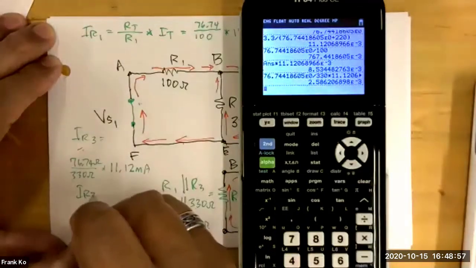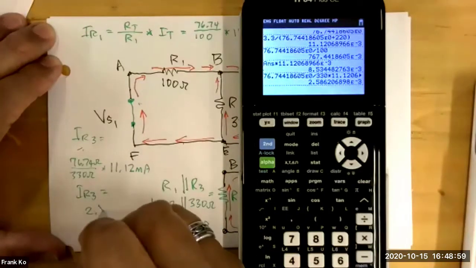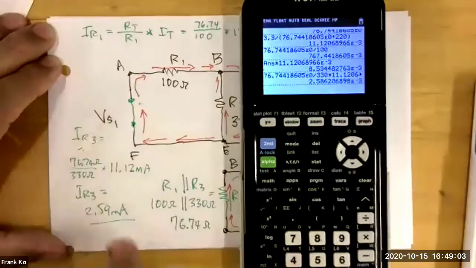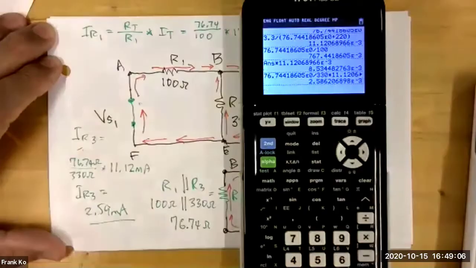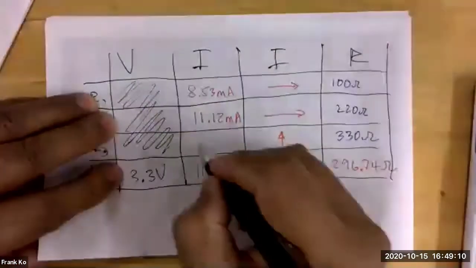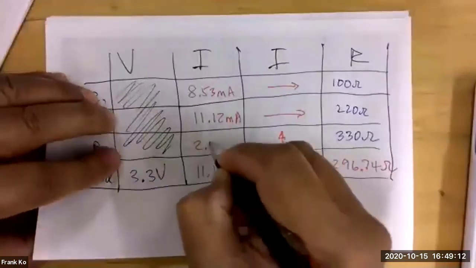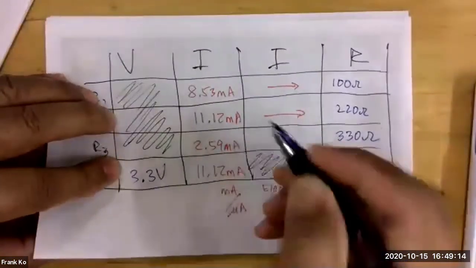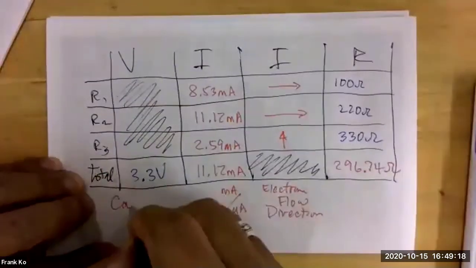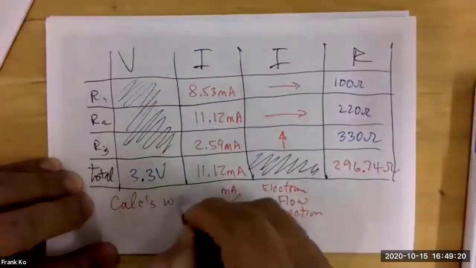So IR3 equals 2.59 milliamps. And that allows us to fill in this part of our VIR table. Woohoo.